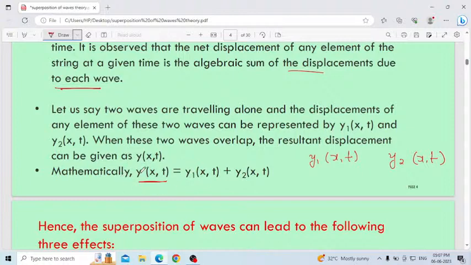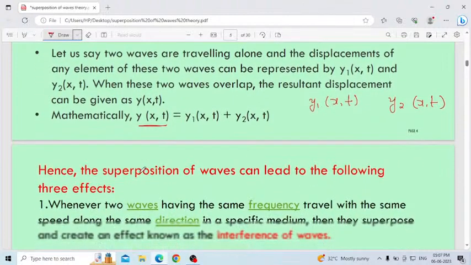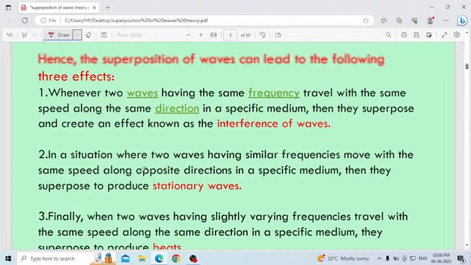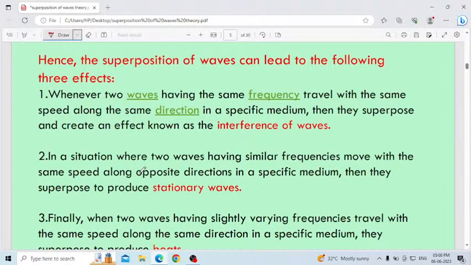The resultant displacement of the wave will be equal to the sum of the displacements of the two waves. That you have to remember. Hence the superposition of waves can lead to the following three effects, which we will study in detail. I already explained what is meant by superposition of waves: intermixing of waves or overlapping of waves, any words you can consider.